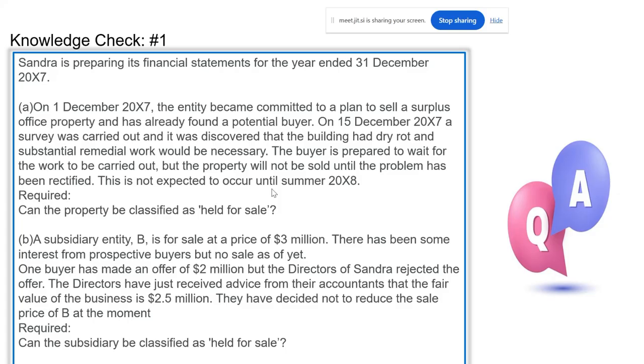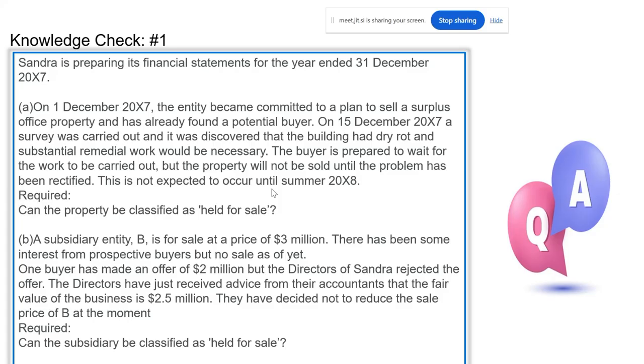So a subsidiary entity B is for sale at a price of $3 million. There has been some interest from prospective buyers, but no sale as of yet. One buyer has made an offer of $2 million, but the directors of Sandra rejected the offer.